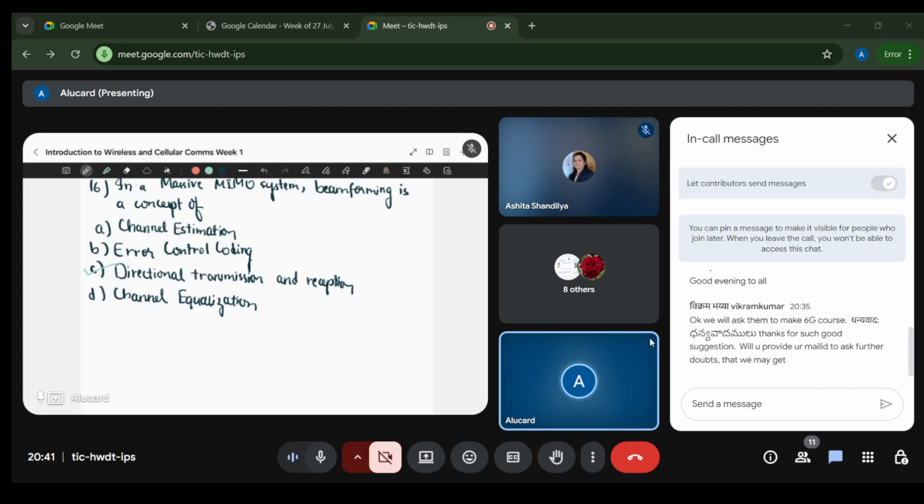If you want to know how beamforming is actually done, you should try to take a signal processing related course or a communication system related course.